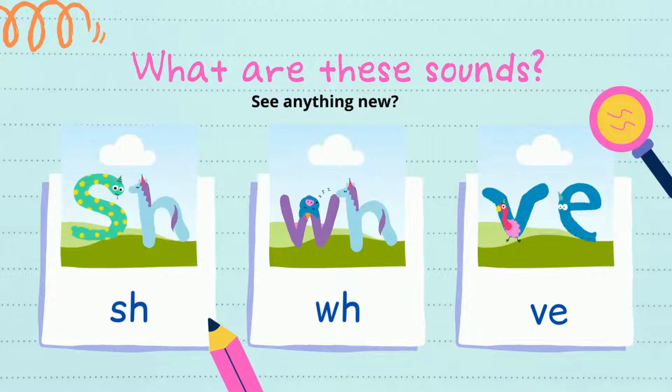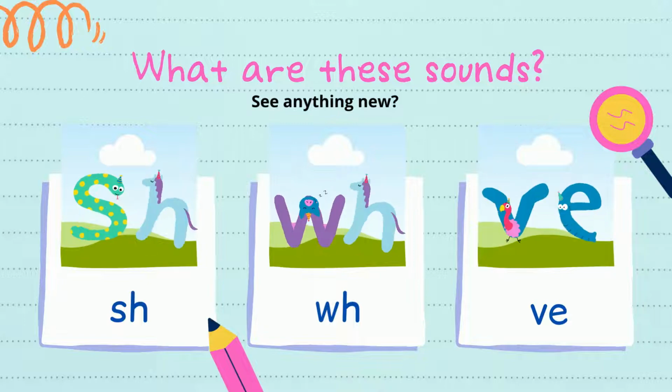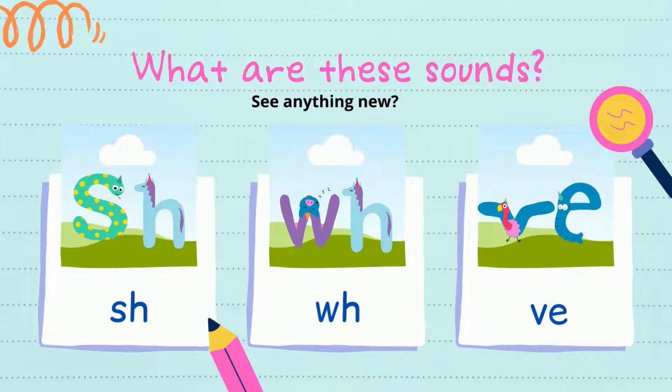Then when you put W and H together, they make the sound wh. Next, when you put the letter V and E together, it makes the sound v.